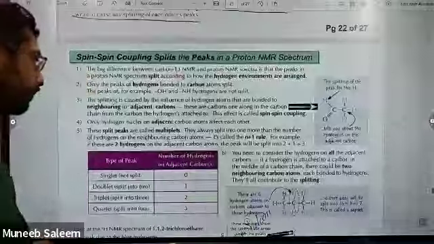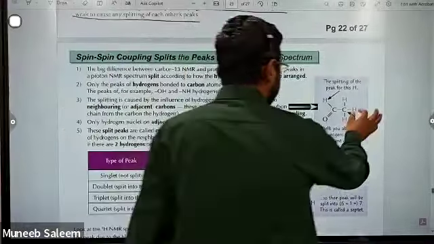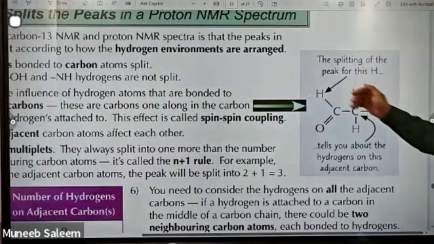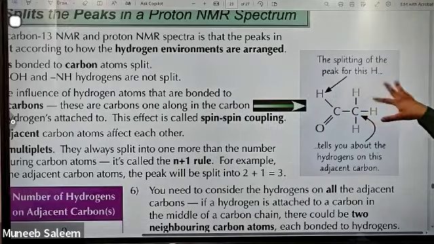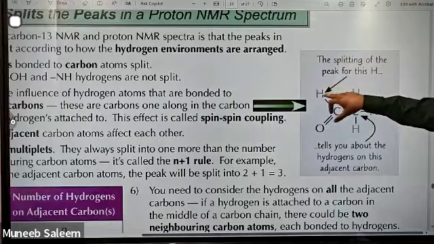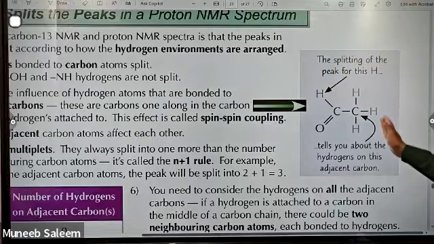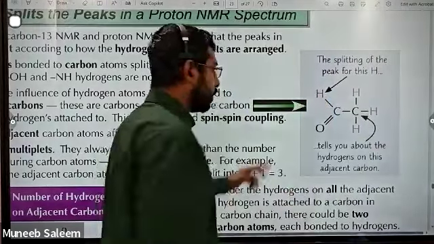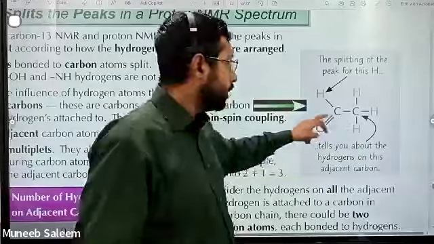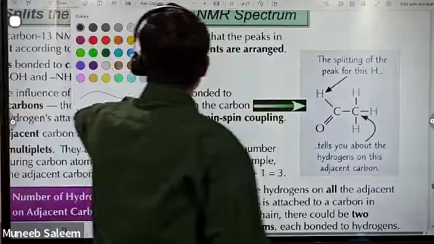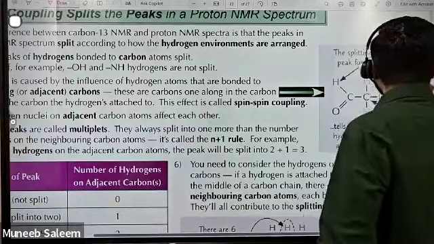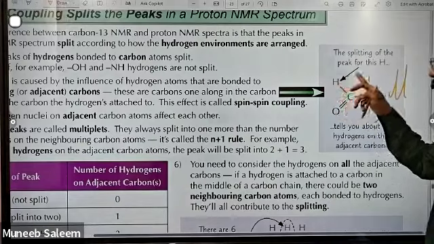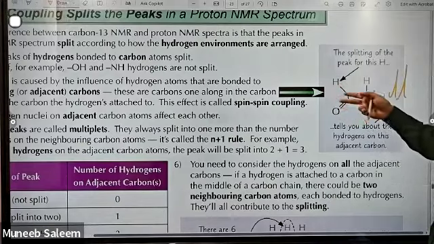Now let's take an example. We have this example in which we have 3 hydrogen atoms over here, and this one is CHO. Now these 3 hydrogen atoms will create an effect on this one single hydrogen atom, and this one single hydrogen atom will have an effect on these 3 hydrogen atoms. The peak of these 3 hydrogen atoms will be a doublet, because by applying the n plus 1 rule, there is one hydrogen atom, so n plus 1 will give you 2.